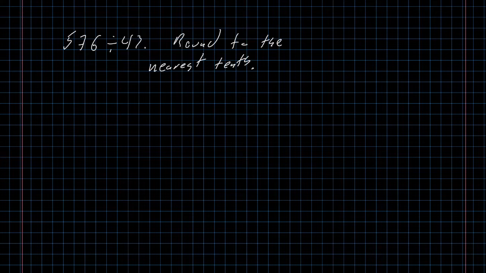So my instructions might tell you to take 576 divided by 43 and round to the nearest tenth. All right, well, setting that up, we can take 43 goes into 576. I am an idiot.